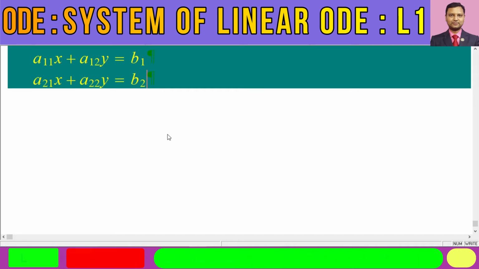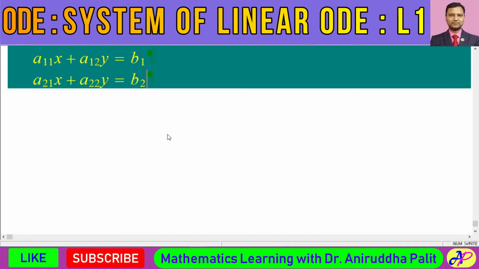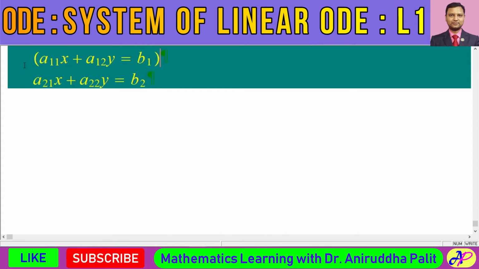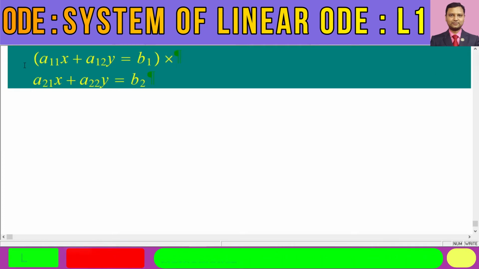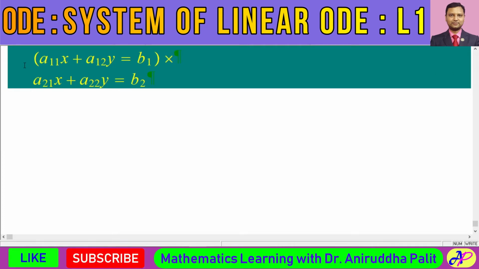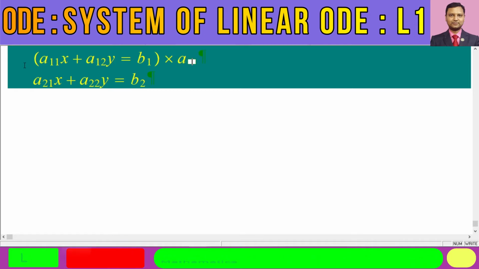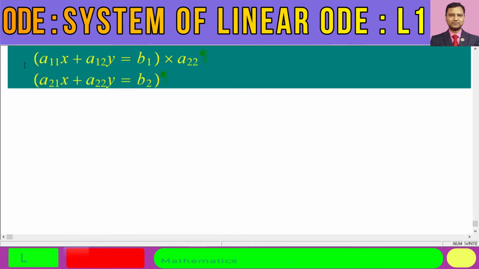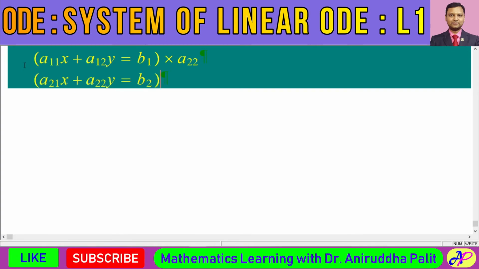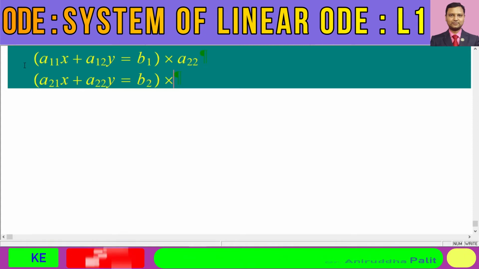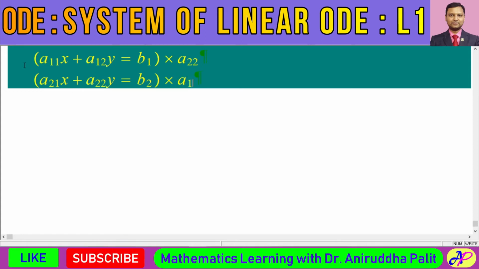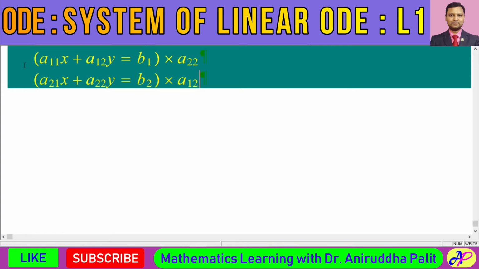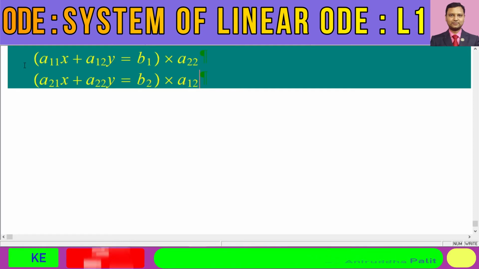Now, if you consider the method of elimination, what you generally do is multiply the first equation by what? Suppose you want to eliminate y, then we can multiply the first equation by a22, and the second equation by a12, and then from the resultant relations subtract one from another.